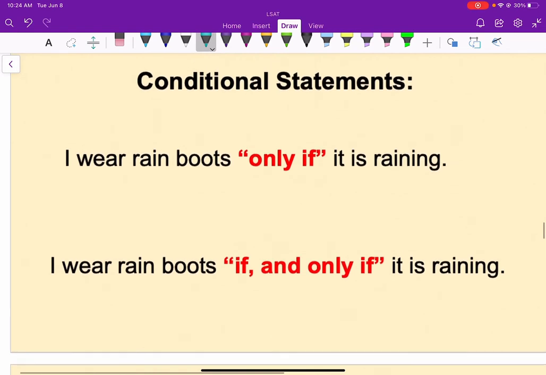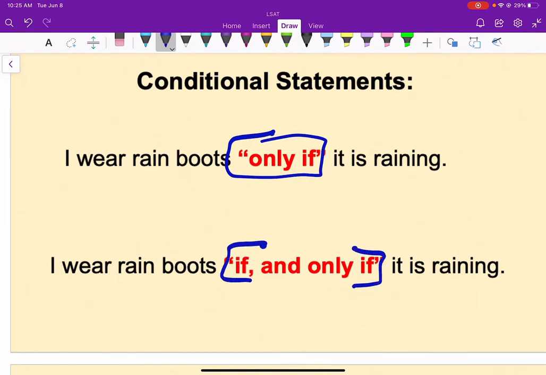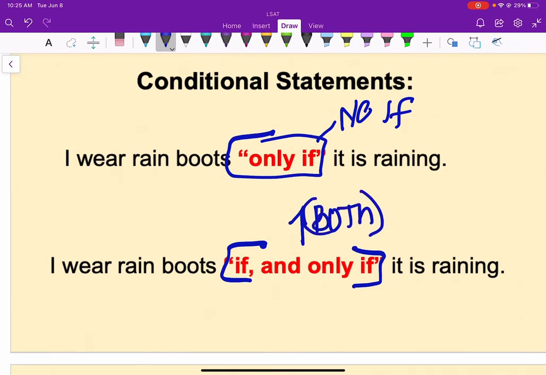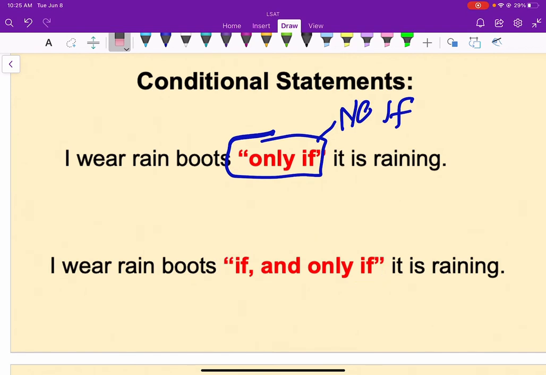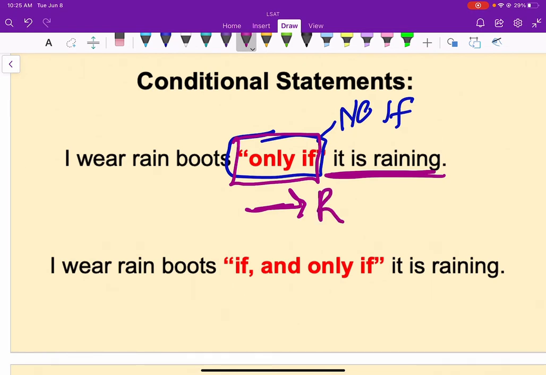All right, and then finally we're going to talk about the difference between only if and if and only if. So remember, if introduces sufficient, only if introduces necessary. Well, if and only if actually introduces both. So if we go back to our example here of only if, it says, I wear rain boots only if it is raining. So only if introduces our necessary. So I'm going to put raining on the right side.